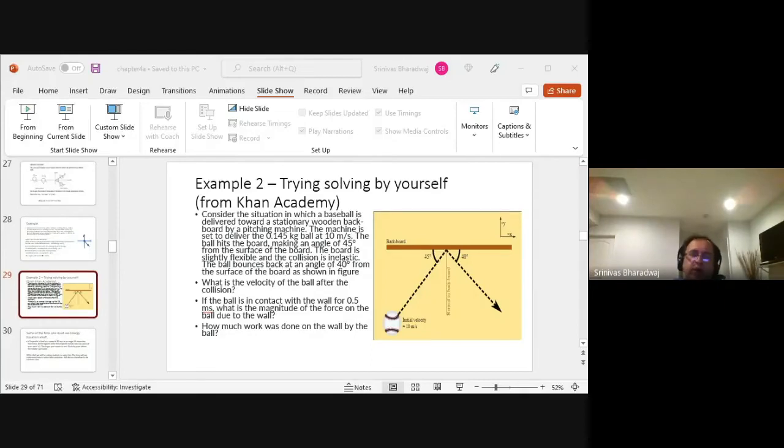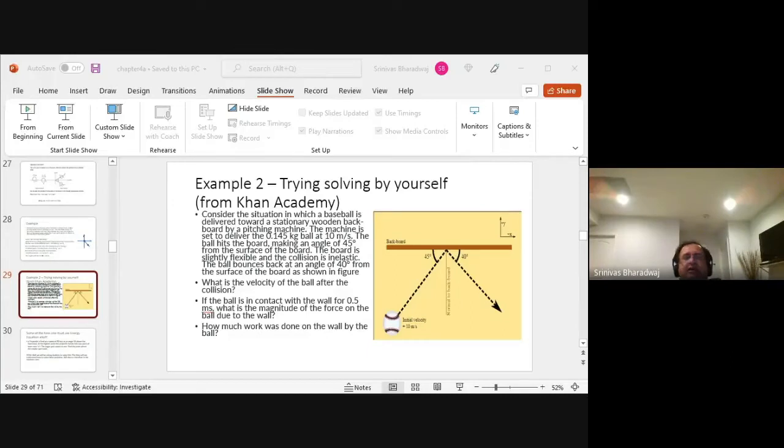Now, how much work was done on the wall by the ball? F dot ds is actually the work done, but you cannot calculate that. What you can calculate though is the change in the kinetic energy.